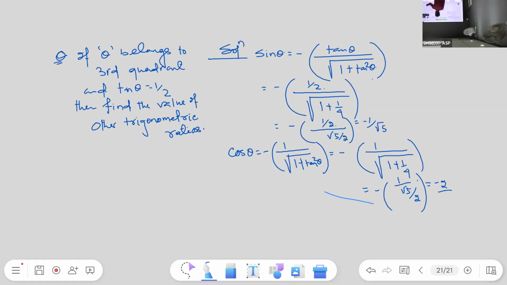This is equal to minus 2 upon root 5. Clear? So you can get the reciprocals for sec theta and cot theta.